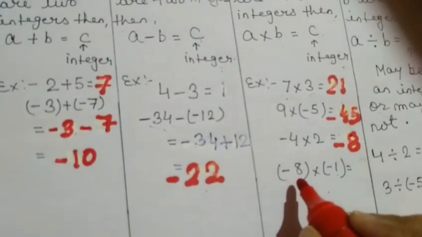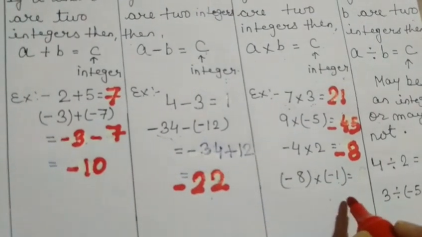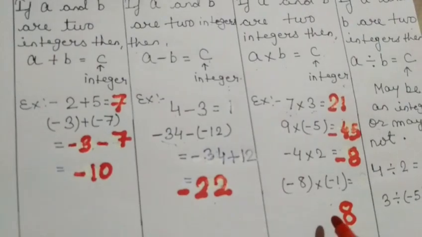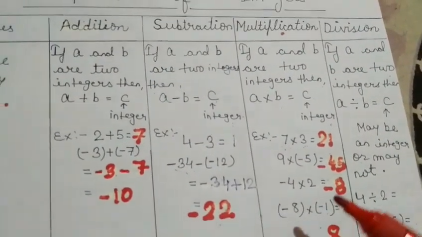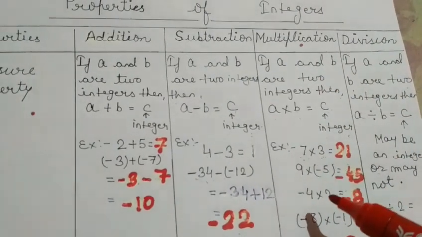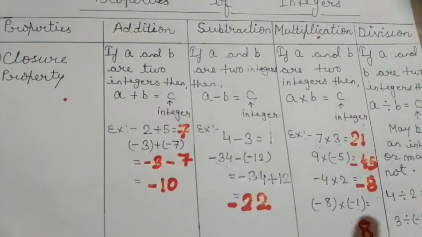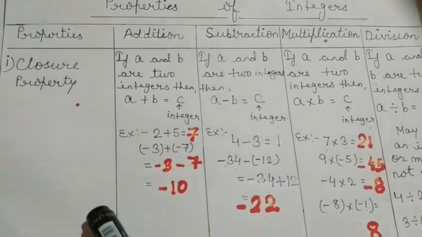Okay, next example is 8 into 1, because 8 and minus minus plus, which is not necessary to write here. Okay, so by these examples we can prove that multiplication also follows closure property.